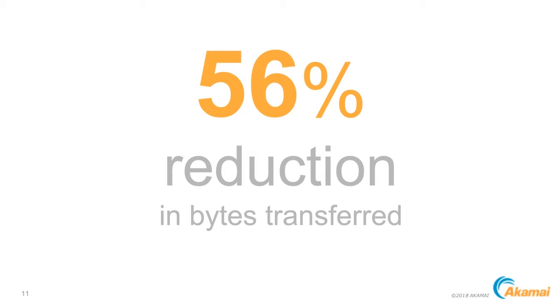Now, 56% for this customer equated to a saving of about 70 terabytes over the course of 1 month. And that's huge. 70 terabytes is a direct cost saving in CDN bandwidth, in cloud-based bandwidth if you're hosting in AWS or Azure.